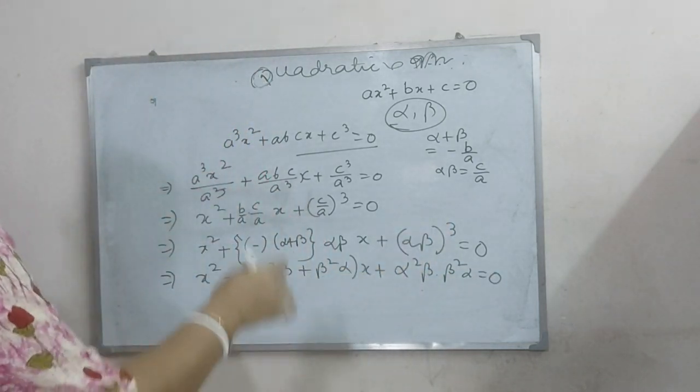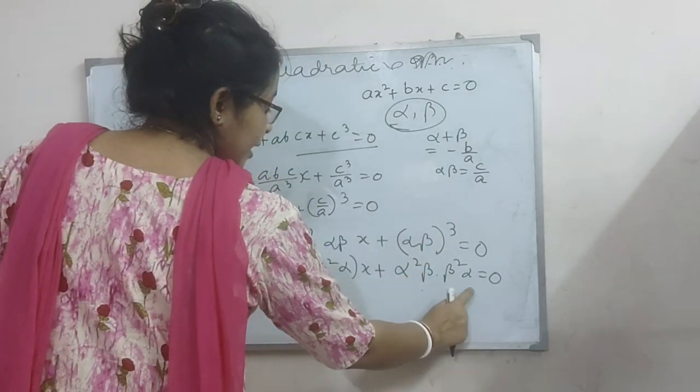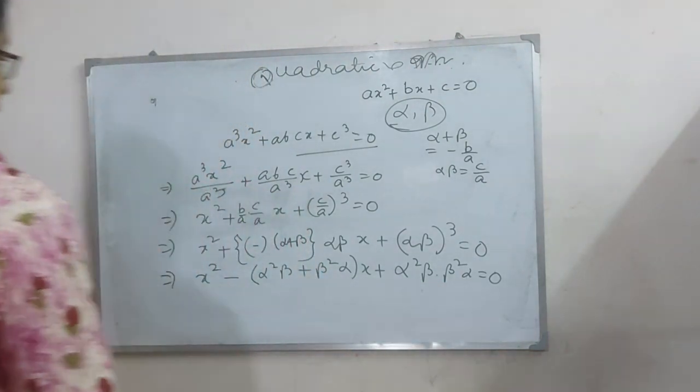Alpha cube beta cube can be written as alpha square beta into beta square alpha.